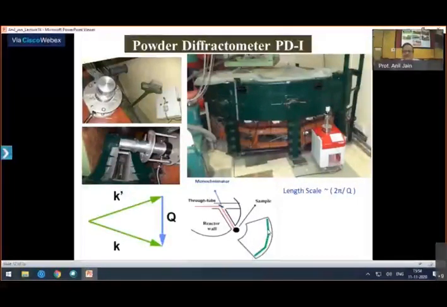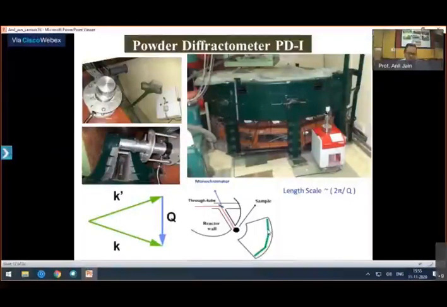Each detector is of the length something like 1 meter, and it covers typically, depending on how far you are from the sample, something like 27-28 degrees. So depending on how much detector you can put, you cover this angular coverage. You get the data in terms of intensity versus channel value.